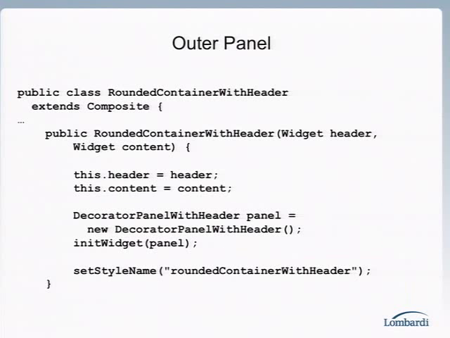And here's a case where I'm going to go ahead and actually create a widget of my own to do it. I'm using composite because I don't want to expose any methods that I'm not actually going to use, particularly because I'm building a very specific case here where I pass the header and the content in when I construct it. So I don't want to have to support a use case where someone says, well, I want to remove the content and add something else later on.